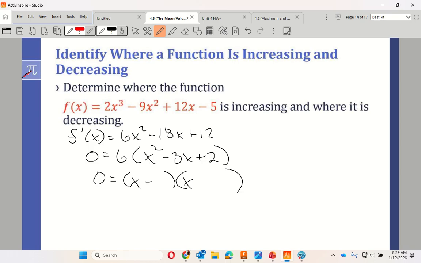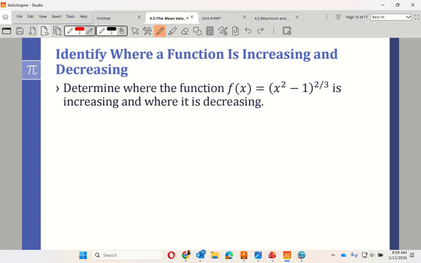Negative 1, negative 2. So I can say that x is equal to 1, x is equal to 2. So I have key numbers here, critical numbers. So let's take a look. Draw your number line.